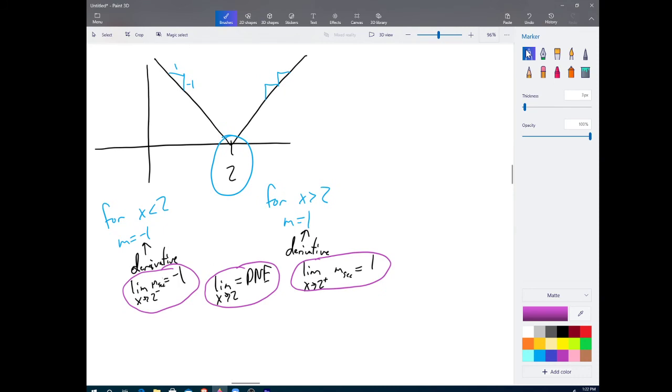And in this case, I've got different slopes on the different sides: over 1, down 1, up 1, over 1. Those different slopes mean that at this point, the limit of the secant line does not exist.